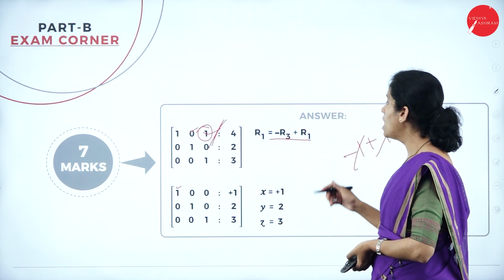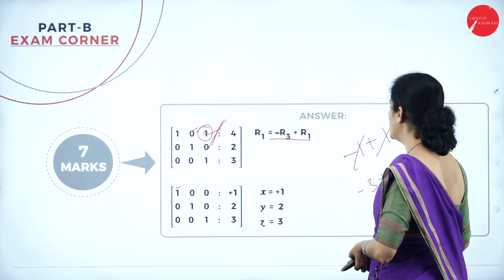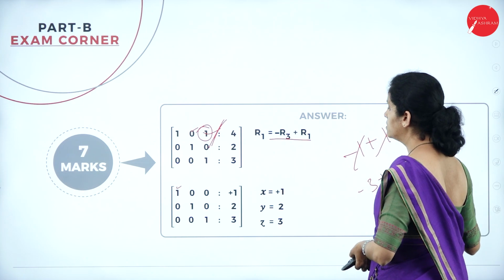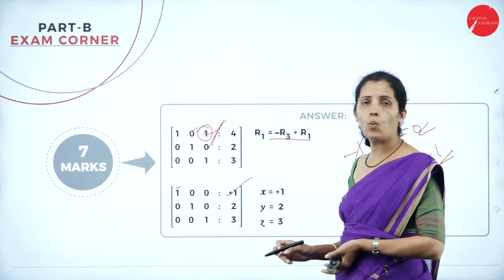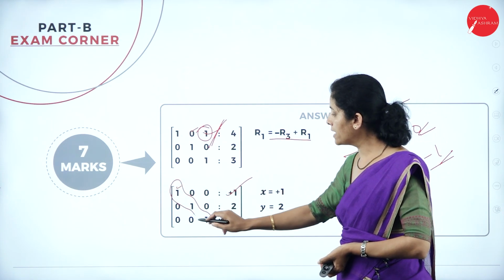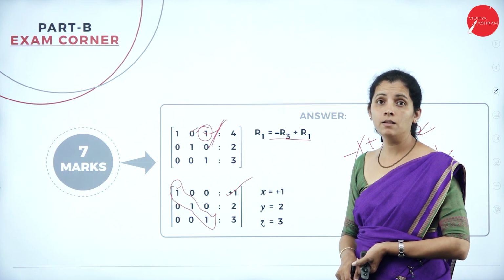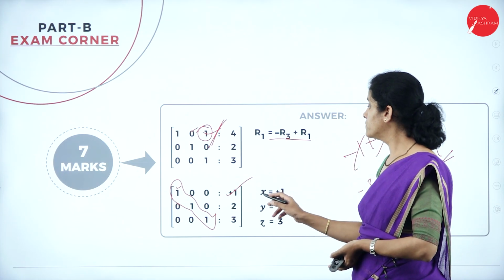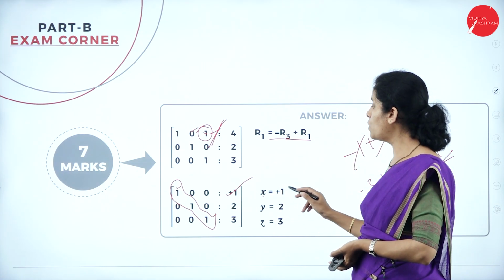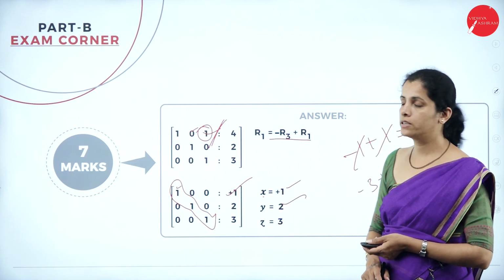Okay, now R3: minus 3 plus 4, the answer is 1. So here I am having the answer 1. Therefore, see, these are the diagonal matrix and this is nothing but the identity matrix. Okay, and see, x is 1, y is nothing but 2 and z is nothing but 3.